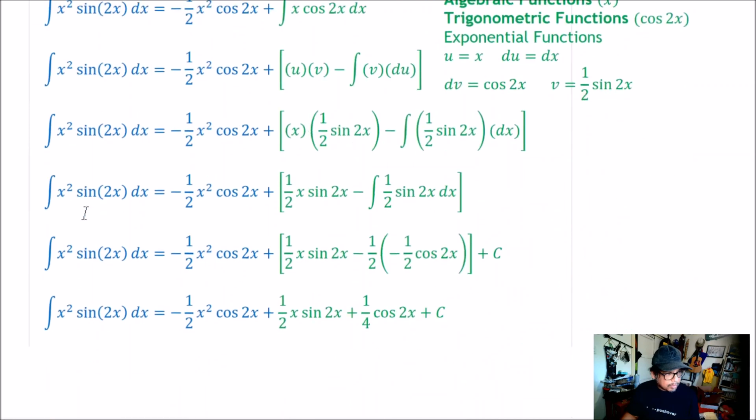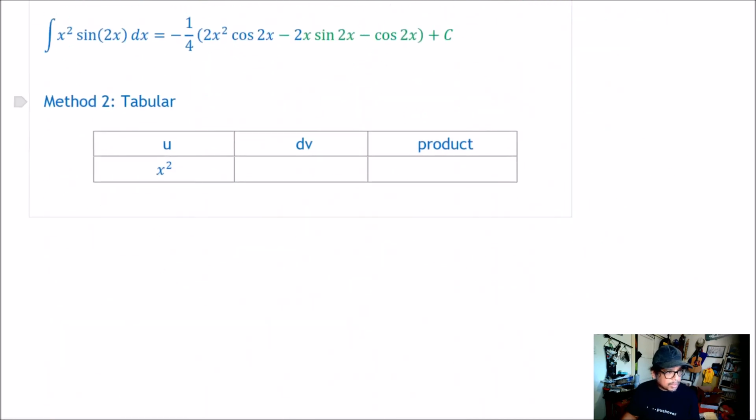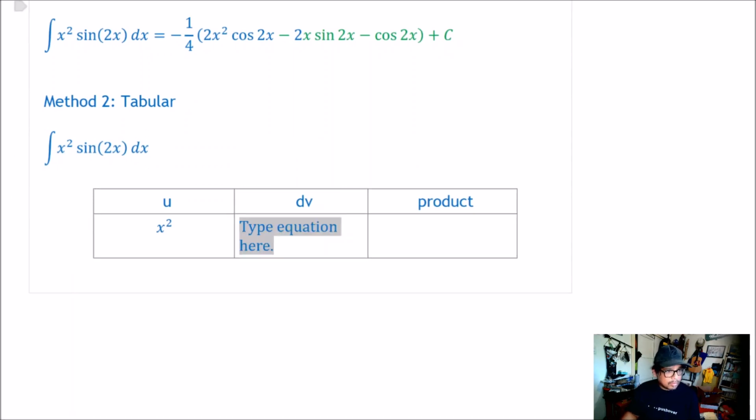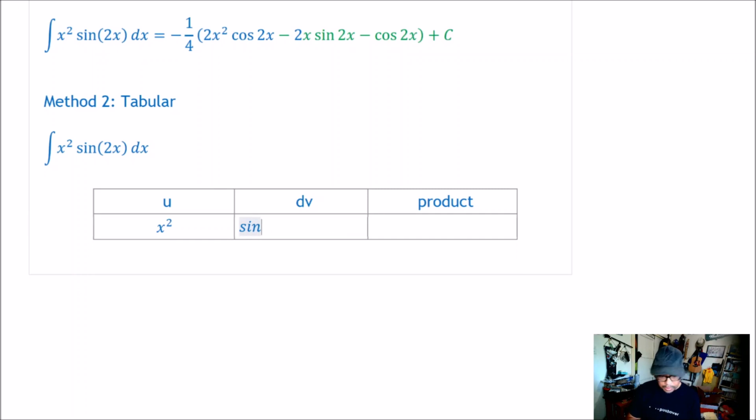Right over here. So I think we're going to have a sine of 2x right over here. Great. And of course, our product should be our integrand.